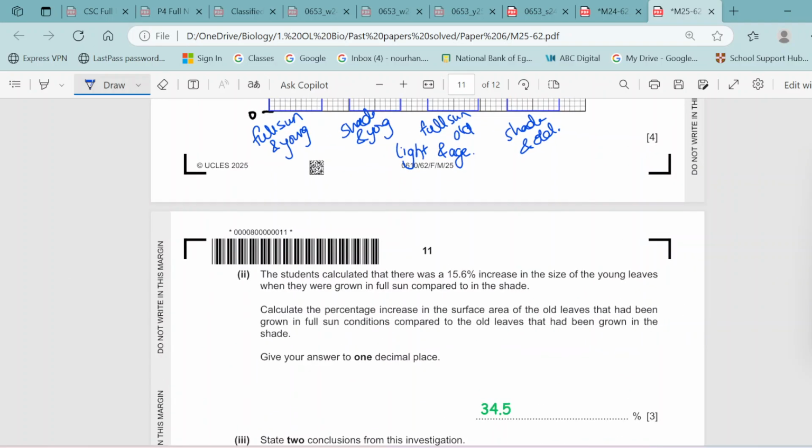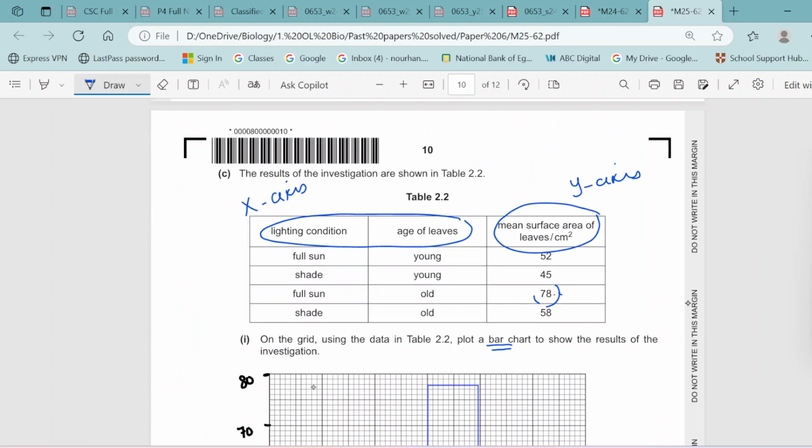And then a percentage increase question. The students calculated that there was a 15.6 increase in the size of the young leaves. Calculate the increase in the surface area of the old leaves. Full sun and shade. Okay. Full sun and old, shade is 58.